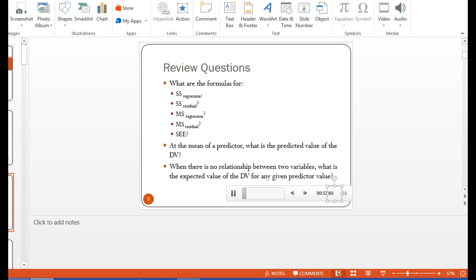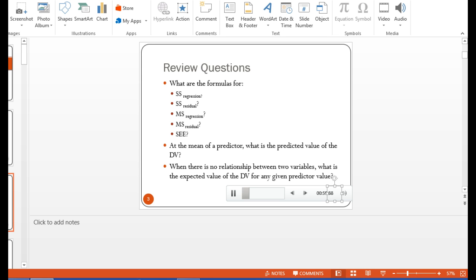And the SS regression gives us an indicator of how well we're predicting the DV. And remember specifically what this means is, are we predicting better than just saying the mean of the DV for any value of X, or the predictor? So remember that we would be doing a very poor job of predicting if we just said the mean of the DV for any value of the predictor.